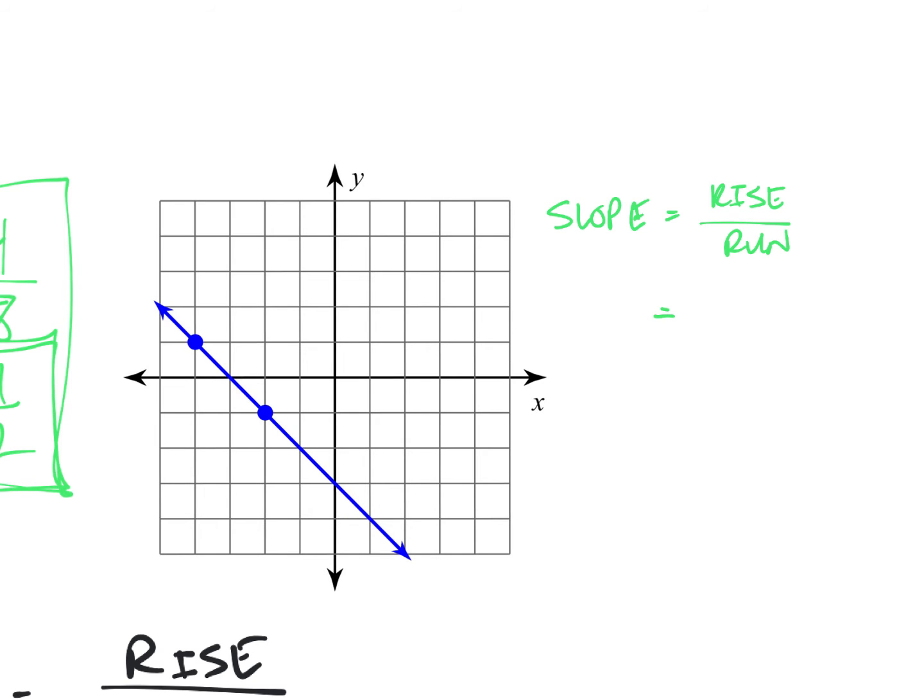In this case, to get from this point to this point, I'm going to have to go down. So we say that we are rising -1, -2. Our slope is actually, or I'm sorry, our rise is actually -2. Our run is +1, +2. -2 over -1 equals -1. So our slope in this case is just -1. So it is possible that our rise or our run even is negative.